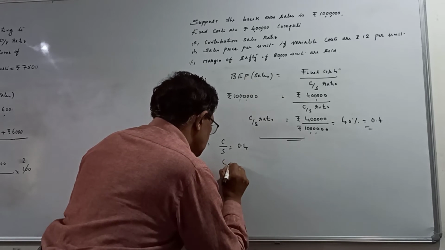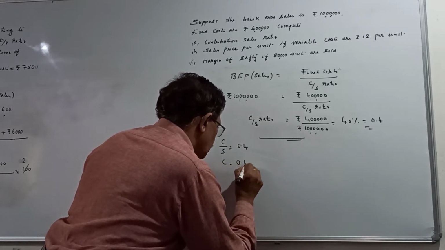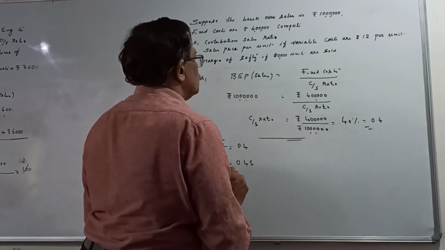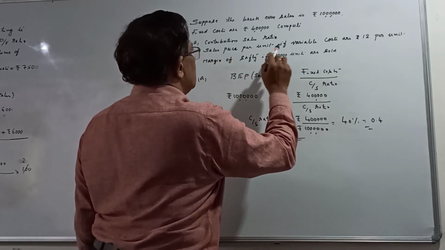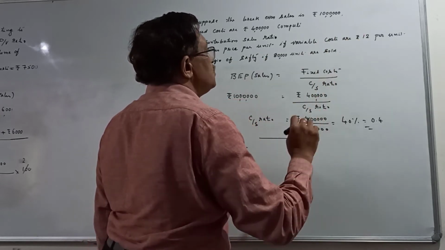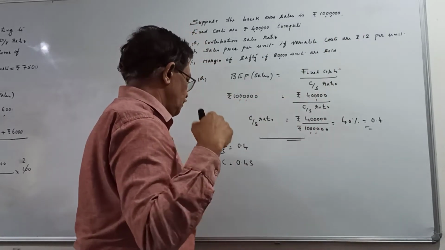Now he is asking us to find out the sales per unit if the variable costs are equivalent to 12.